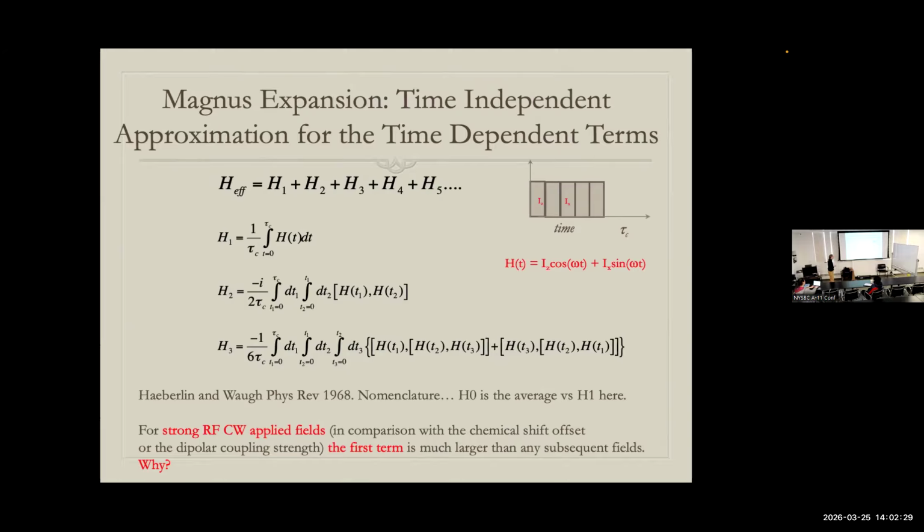For strong RF, CW applied fields in comparison with the coupling strengths, the first term is much larger than any subsequent terms. Do you see why that is? If the RF is strong compared to the interactions, it will converge. The series converges nicely, even if the terms don't commute. Why is that?